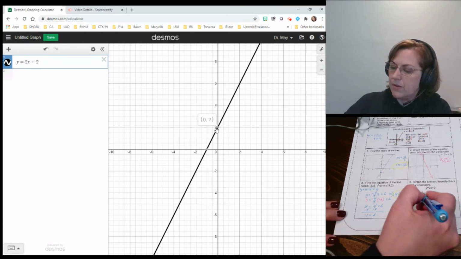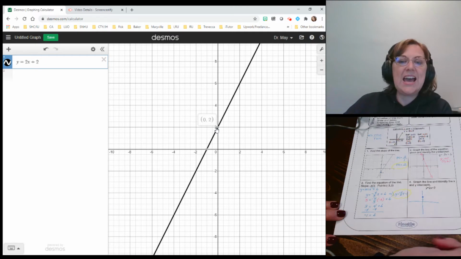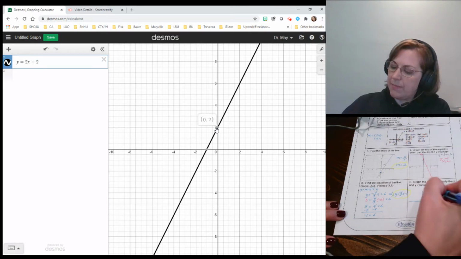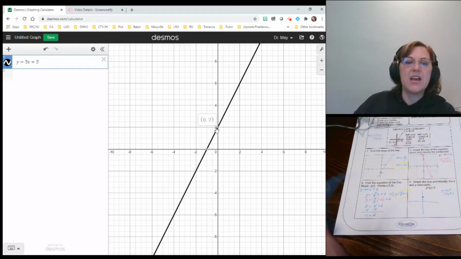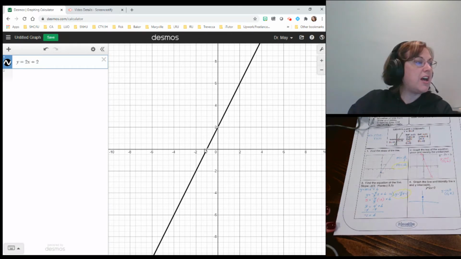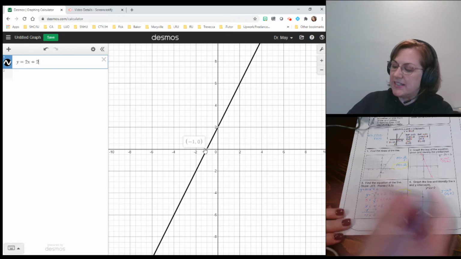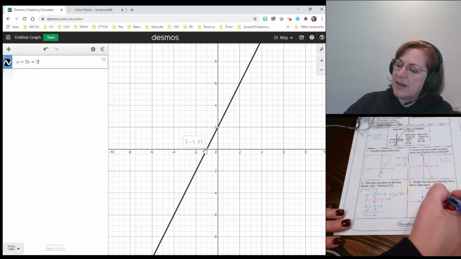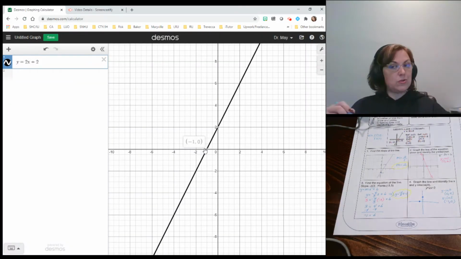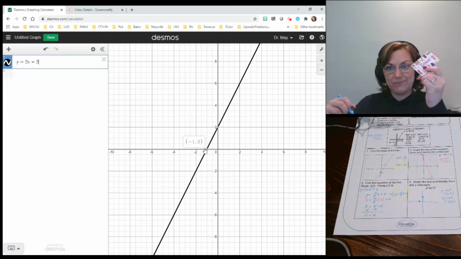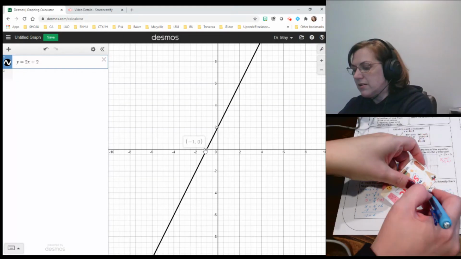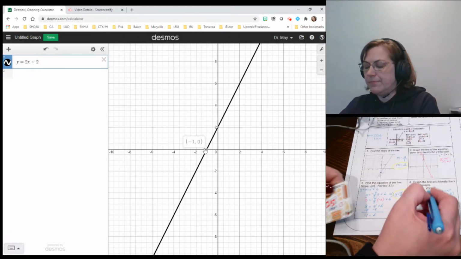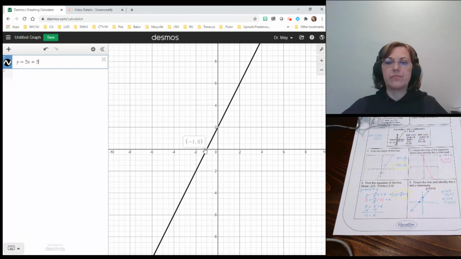So we're going to plot this point 0, 2. And that is our y-intercept, which we were asked to identify. And then I'm going to hover over the other important point Desmos is telling me, and that's at negative 1, 0. That is important because it's my x-intercept. And then use your straight edge again to draw your line.